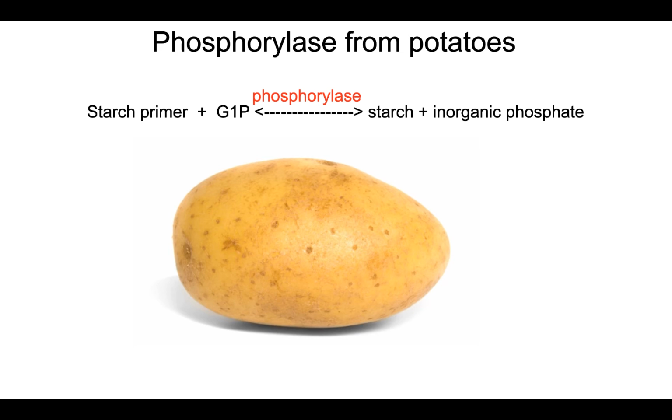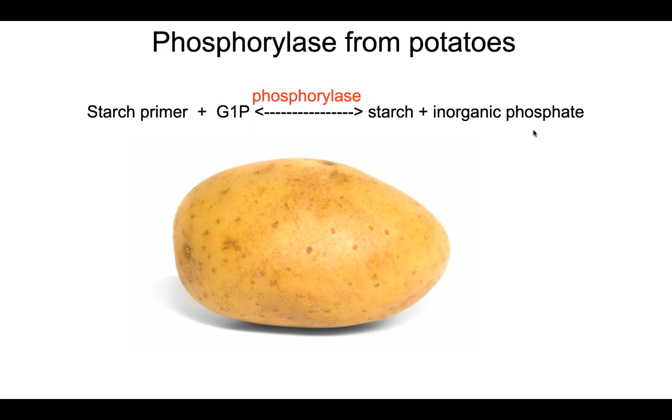All right, now the enzyme that you are going to be working with today is phosphorylase, which you are going to purify from potatoes. What phosphorylase catalyzes is taking a starch primer, that's a couple glucose molecules put together, and a molecule of glucose 1-phosphate, and turning that into a molecule of starch, with an inorganic phosphate as a byproduct of the reaction.